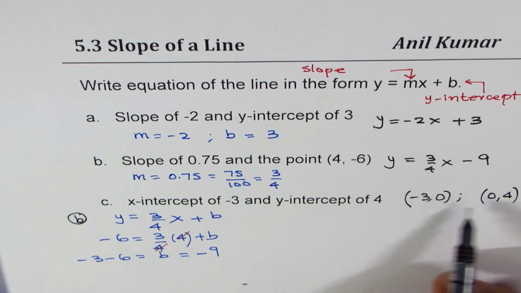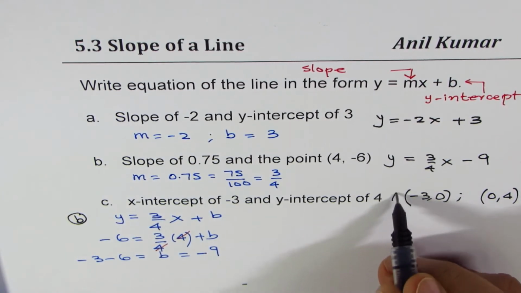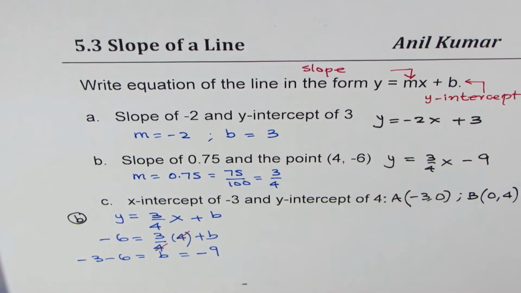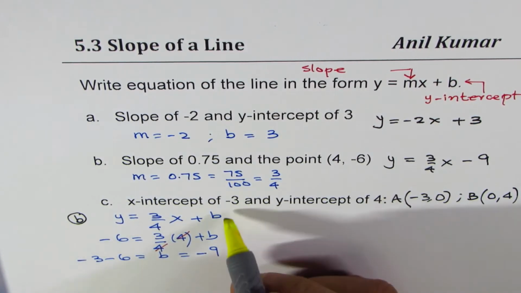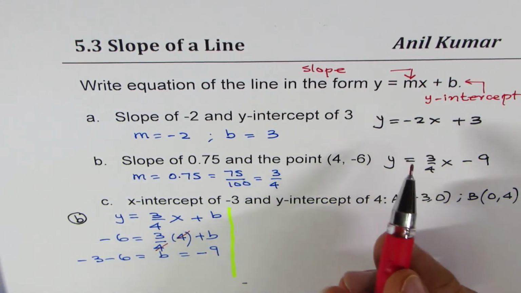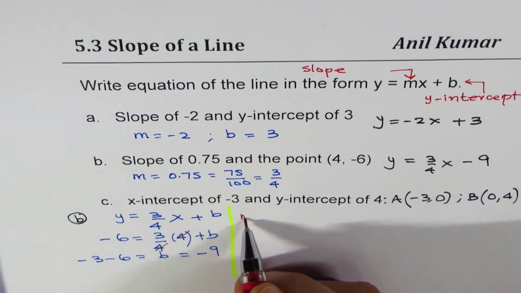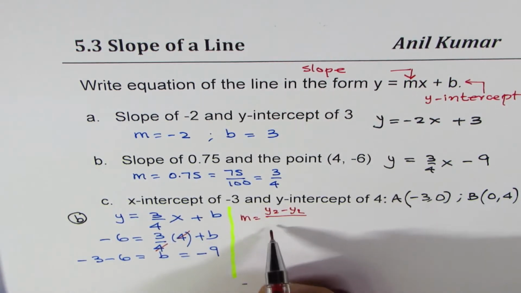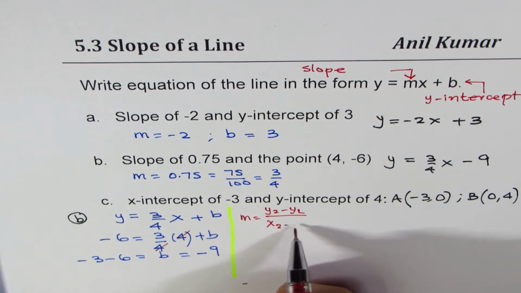So we are given these 2 points. Let's call them A and B. Now whenever you are given 2 points, you can find the slope. The slope formula is m equals change in y, that is y2 minus y1, divided by change in x, x2 minus x1.